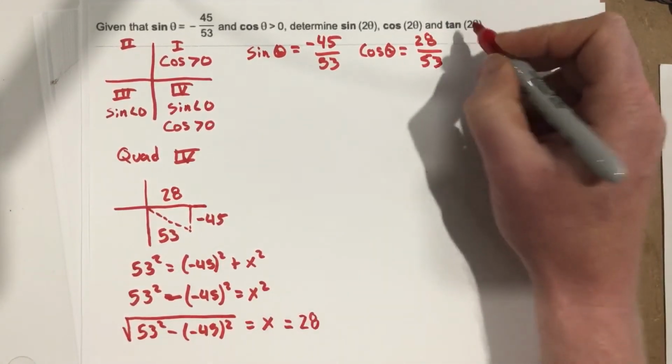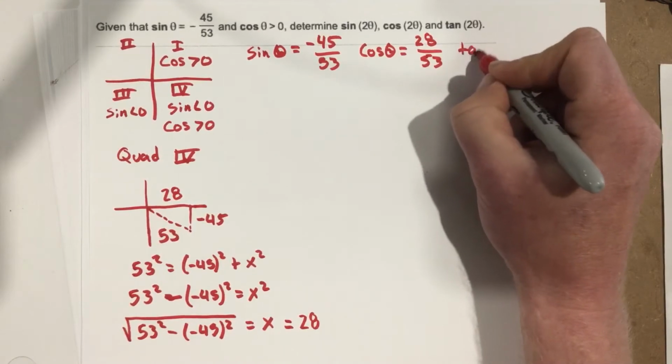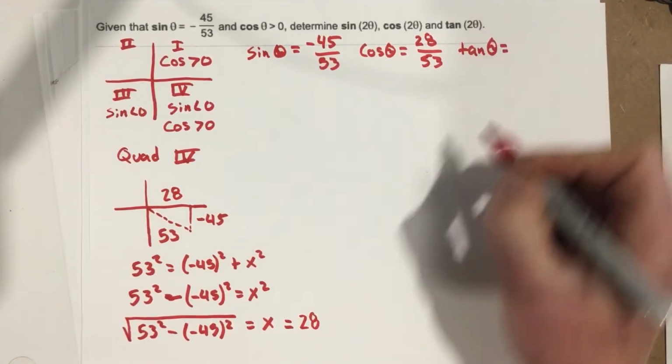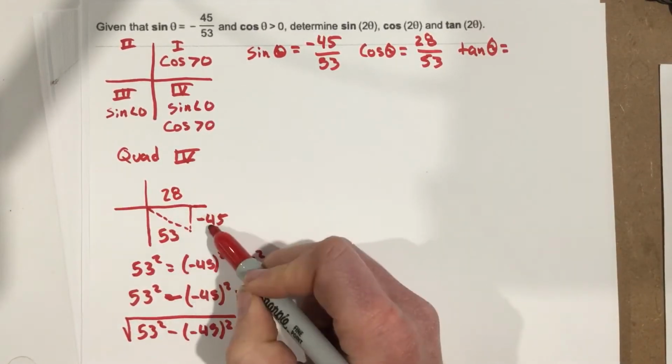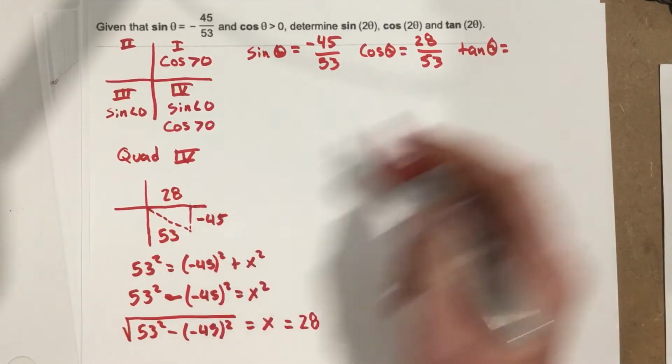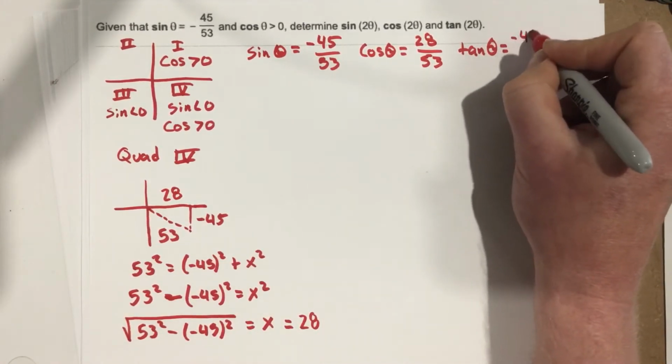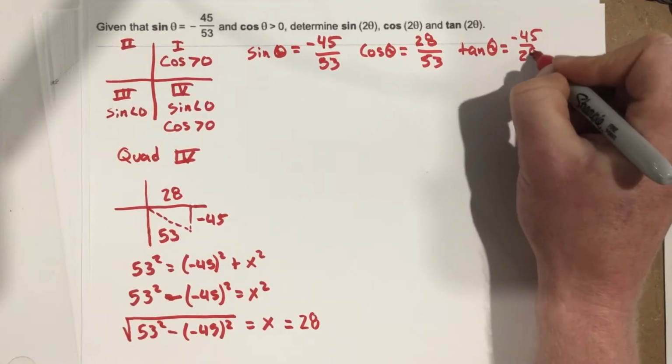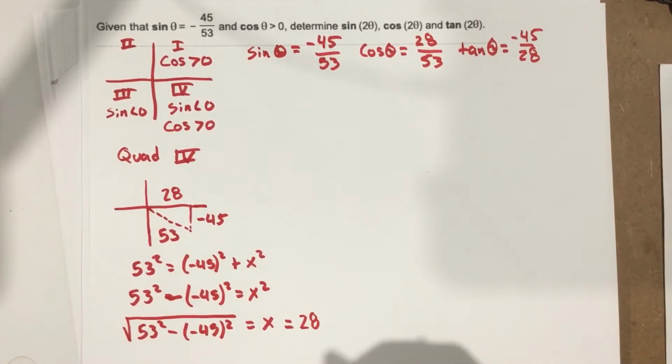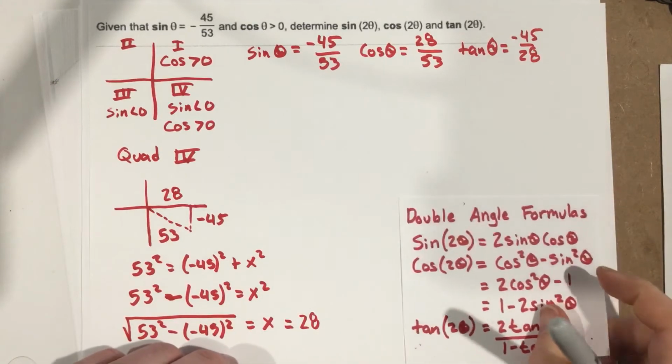And we can say that tangent theta is opposite over adjacent, negative 45 over 28. Once we figured those three things out, now is when we're going to bring in our double angle formulas. So let's bring those in.